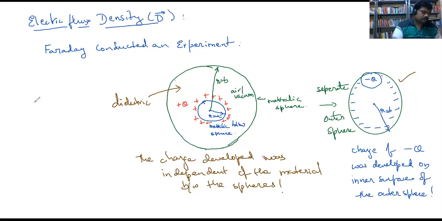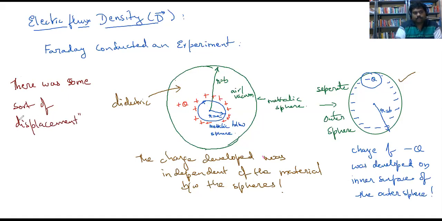Okay, so there is some sort of displacement. So we coined a word, displacement. So there was some sort of displacement from inner sphere to outer sphere.